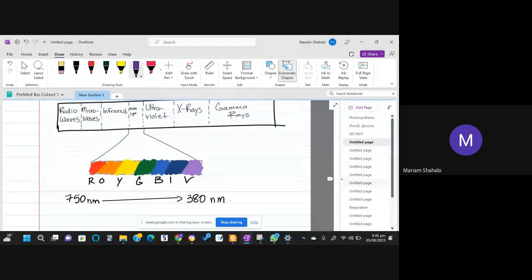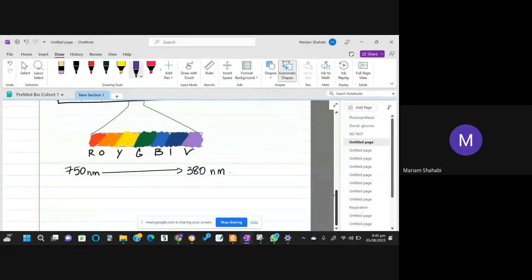And we know that visible light itself is made up of 7 colors which have a certain range. ठीक है, 750. अब ये जो है ना, in order of decreasing wavelength है.